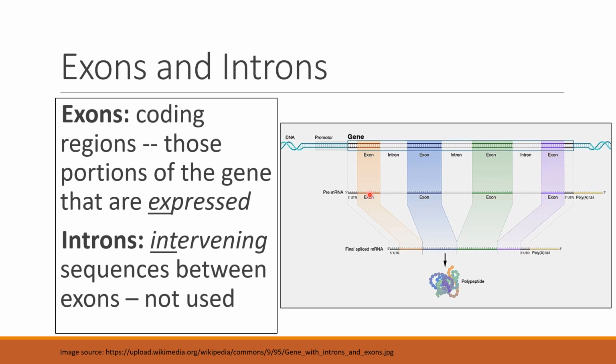But because some sections are exons and some sections are introns, these little introns are spliced out. And so the actual final piece of mRNA looks like that. Okay, so the DNA is just longer than the actual final mRNA, which generates the protein, like so. So just an important concept for you to know, introns versus exons.